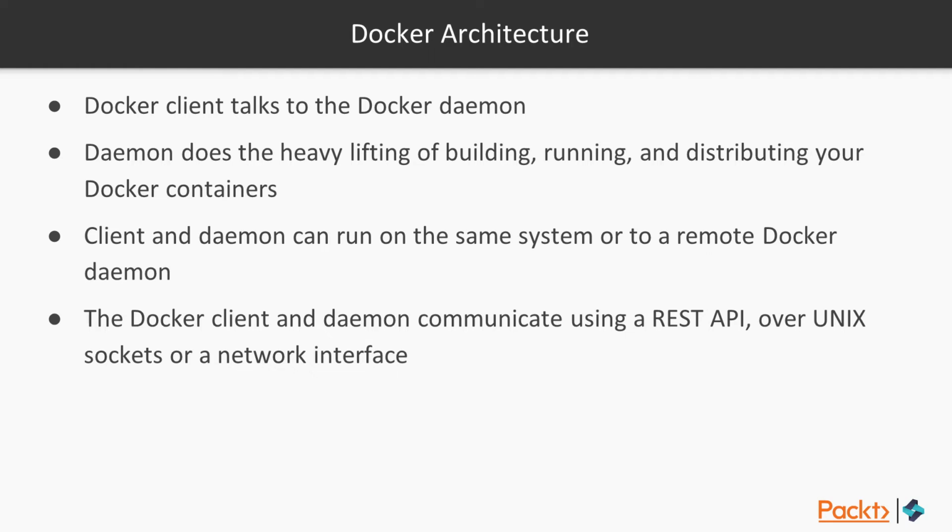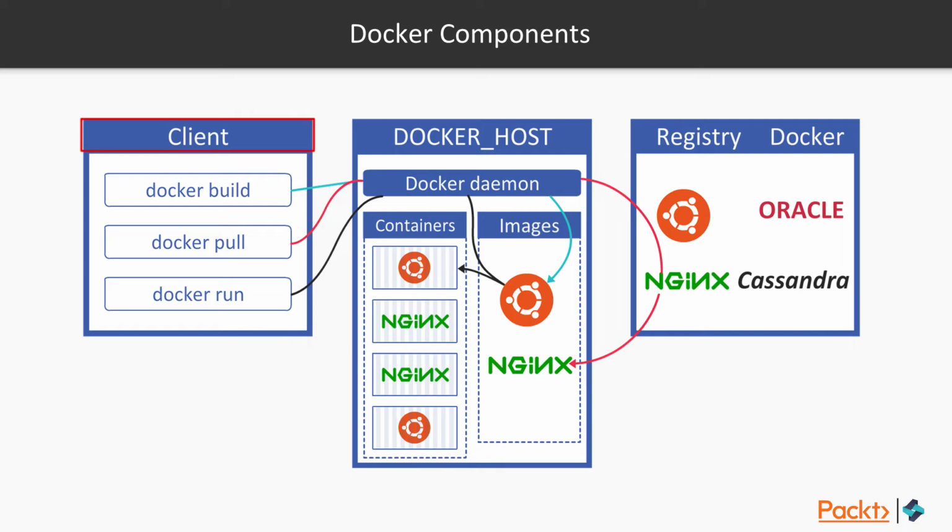Once you understand the Docker architecture, that means it has components like the client. It has various commands like build for building your Docker image, pull for pulling the Docker image from the repository, and run for running your Docker image to start the application. The client is where you give the commands from the CLI, that is, the terminal or command line interface. Once you give the commands, the Docker daemon looks up the images to see if they are cached.